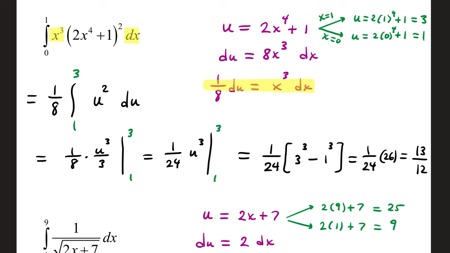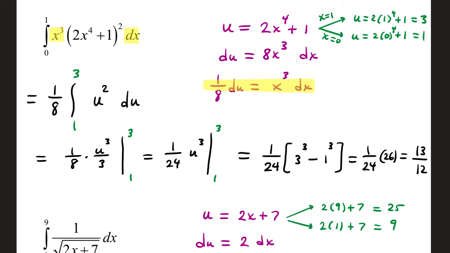Taking the derivative of both sides, that's du equals 8x cubed dx. We have our substitution squared. x cubed dx, once we divide by 8, we've isolated x cubed dx, and that can be replaced with 1/8 du.